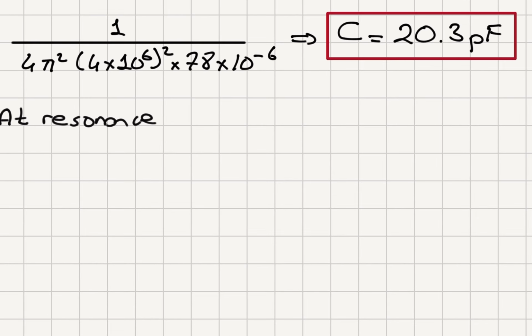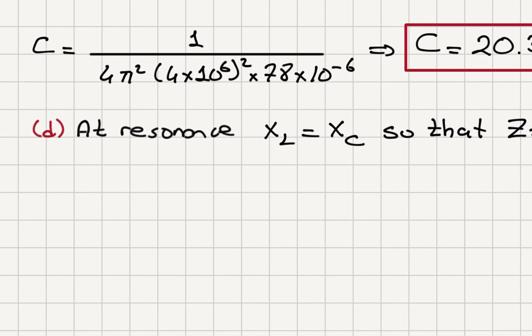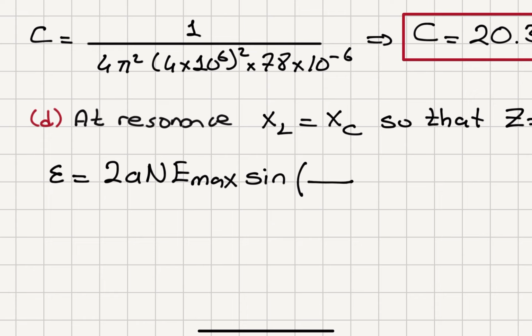Okay, so at resonance we have the inductive reactance equal to capacitive reactance, so that the impedance of the circuit Z is equal to R, which implies that we need to know the maximum voltage and divide it by the resistance R to get the maximum current. Now we have this induced EMF epsilon is equal to 2A capital N E max sine Ka over 2.